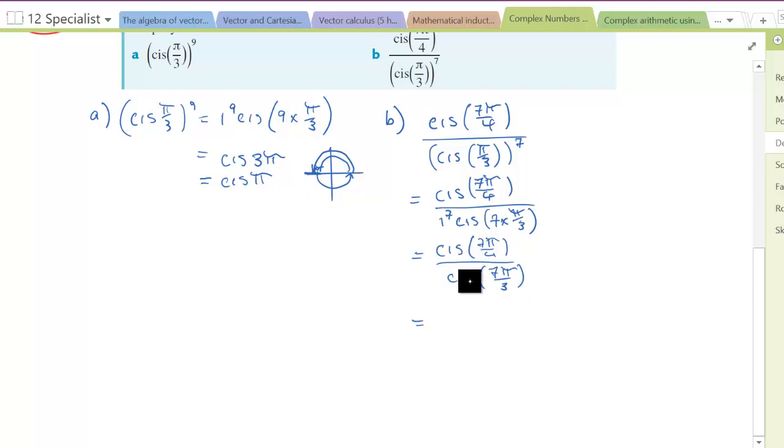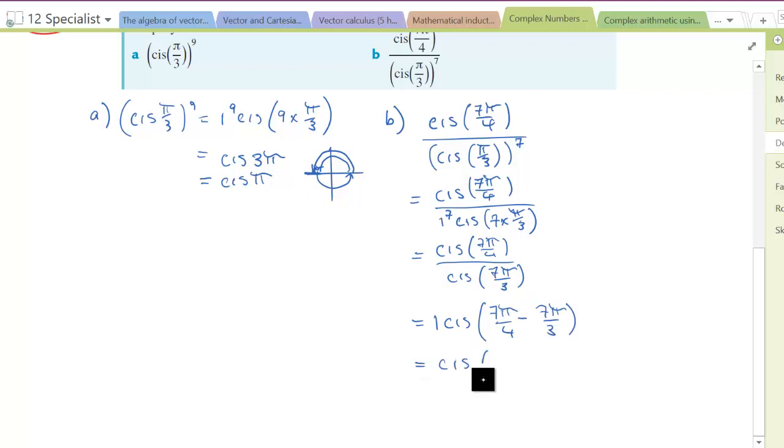Now, because this is a division and we're in trigonometric form or polar form, we can divide the modulus and subtract the arguments. So we get 1 over 1, which is just 1, cis, and we have 7 pi on 4 subtract 7 pi on 3.